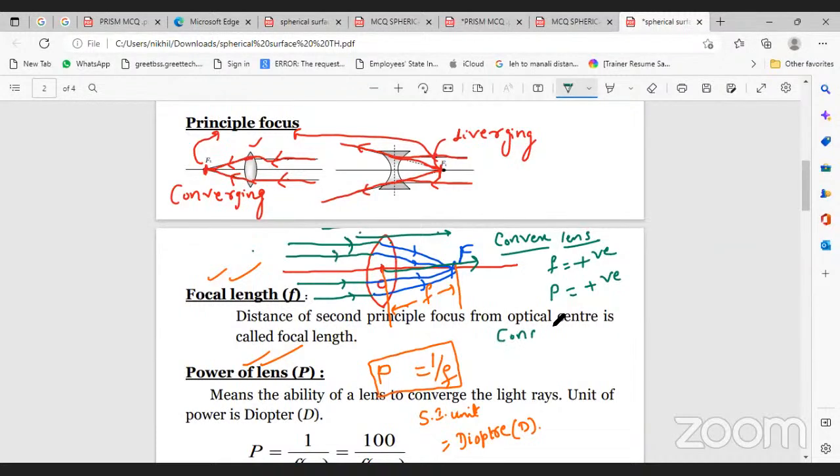They are negative, sir, because it is measured opposite to the incident ray. This here is F. The ray is incident like this, and focal length is measured like this, opposite. So focal length should be negative, and the power of the lens is also negative.